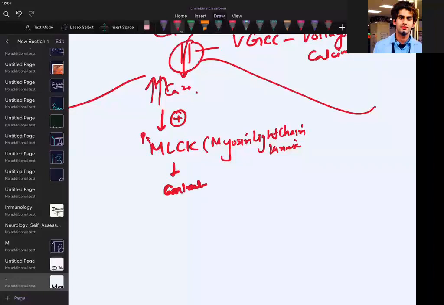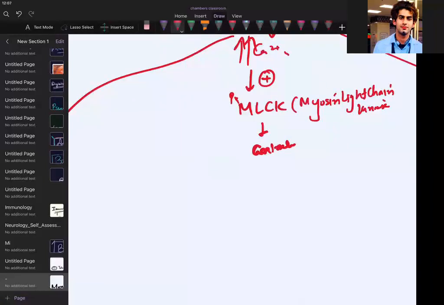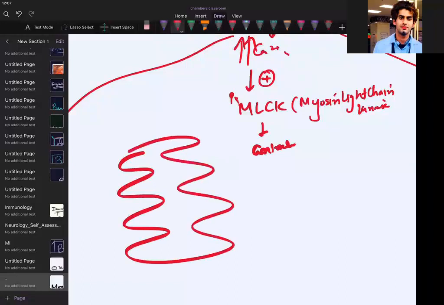Also, this increased calcium does another thing. You have a sarcoplasmic reticulum inside, which stores calcium. When you have increased the calcium intracellularly, it will activate this gate, called the ryanodine receptor mediated calcium channel.